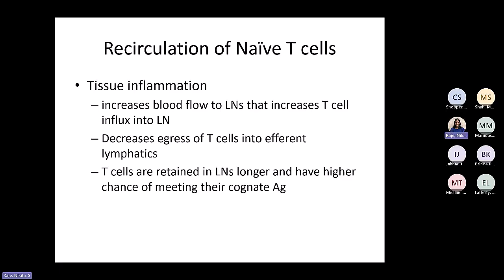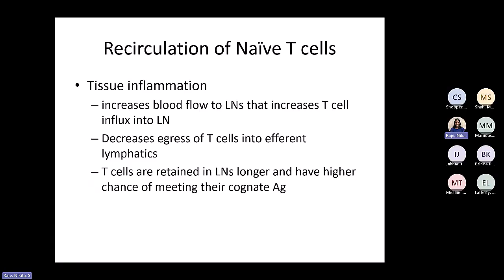All right, so the naive T cells, how do they recirculate, as I mentioned, and let's see what happens in tissue inflammation. There is increase in the blood flow to the lymph nodes in the area of tissue inflammation. That increases the T cells going into the lymph nodes, right? Because the blood flow is more, there are more number of T cells that are going into the lymph nodes.